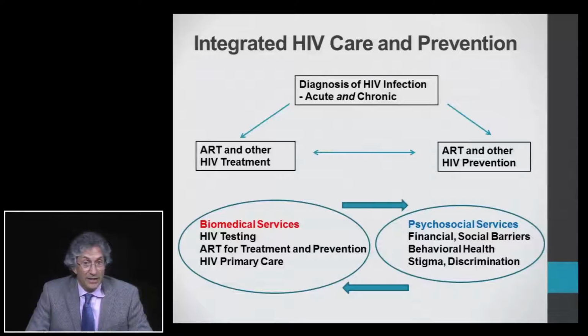On the other hand, for these to be accessible to your patients, for them to make use of these interventions, there may be barriers, social barriers, financial barriers, behavioral health conditions that need treatment. They may need to overcome feelings of stigma and discrimination for themselves, for their family or partners. So psychosocial support is often very important to make treatment or prevention interventions successful.